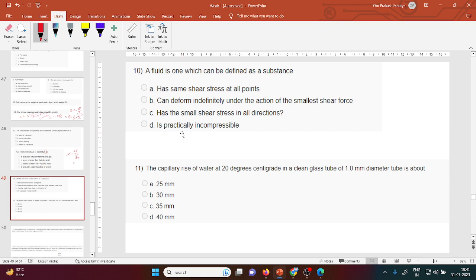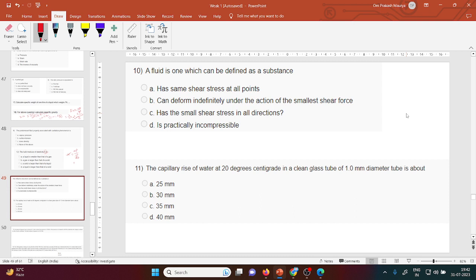The capillary rise of water at 20 degrees centigrade in a clean glass tube of 1 mm diameter is about. This question is very interesting, and you can expect such types of questions in your assignment as well as in other examinations.